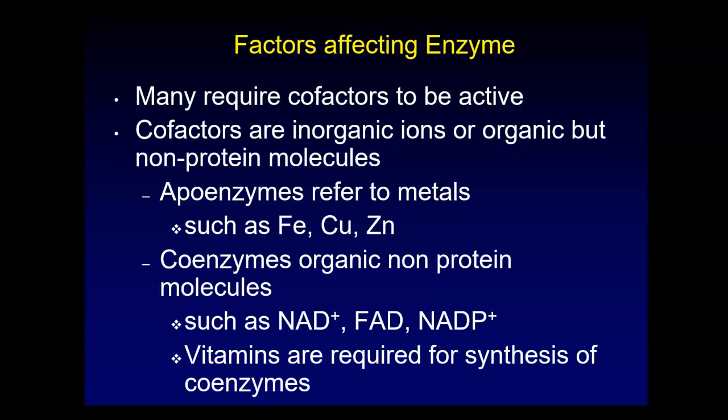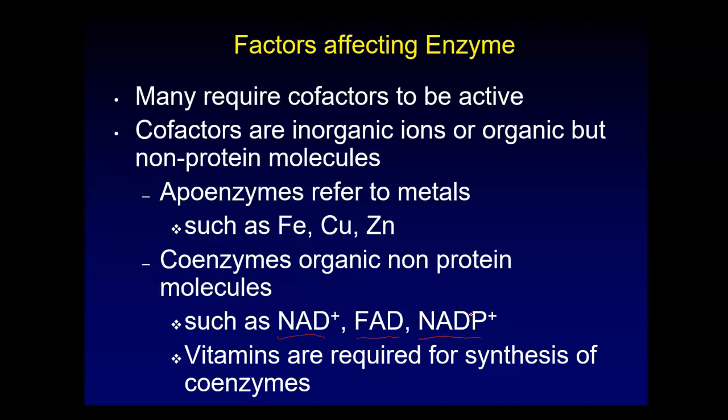But then we could also need vitamins. We could be missing the coenzymes if we're not taking in the vitamins, because vitamins are required for the production or synthesis of the coenzymes. So we're talking about the factors that affect an enzyme's rate of activity. And we will talk about the coenzymes later, but if you remember from I think it was the second chapter, we told the function of these guys.